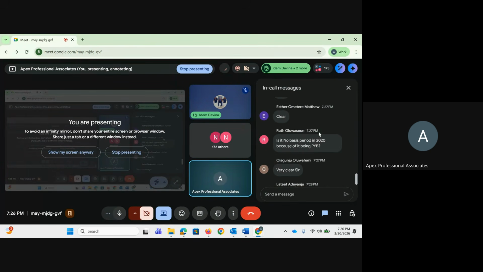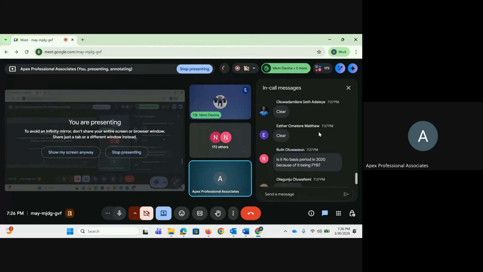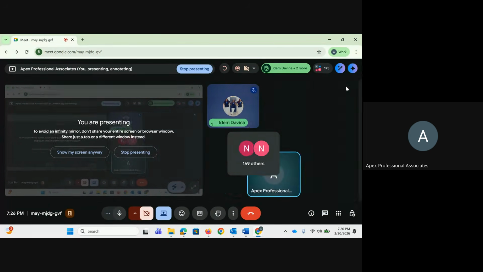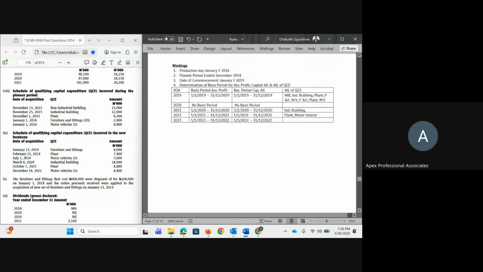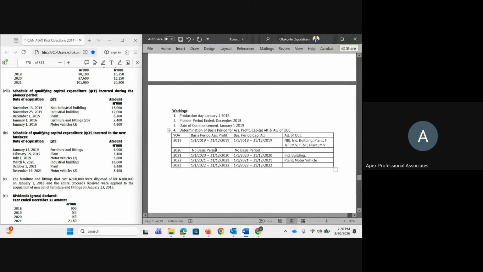Okay, good. I've seen 2 questions here. I have addressed this before under commencement class, but let me say it again. The reason there's no basis period in 2020 is that the new rule was introduced in 2020, and the rule says there should be no gap or overlapping in the basis period, and it should always be on a preceding year basis.